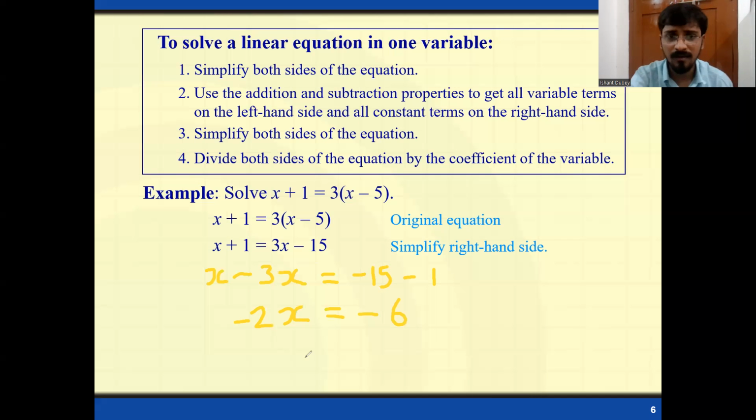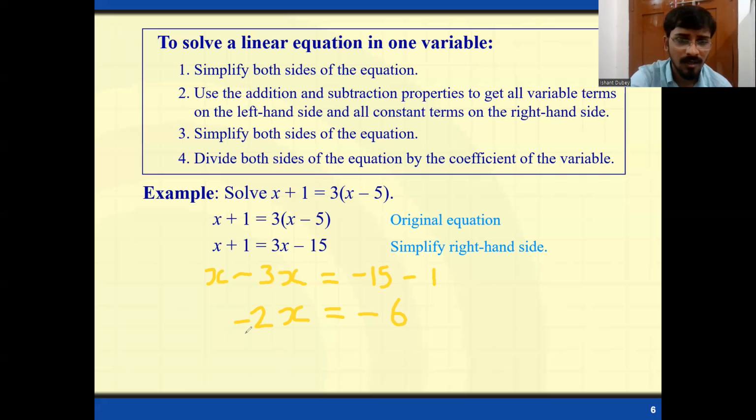Now the next step: here we have the coefficient of x, that is minus 2. So we use the multiplication property of equations and divide both sides by minus 2.